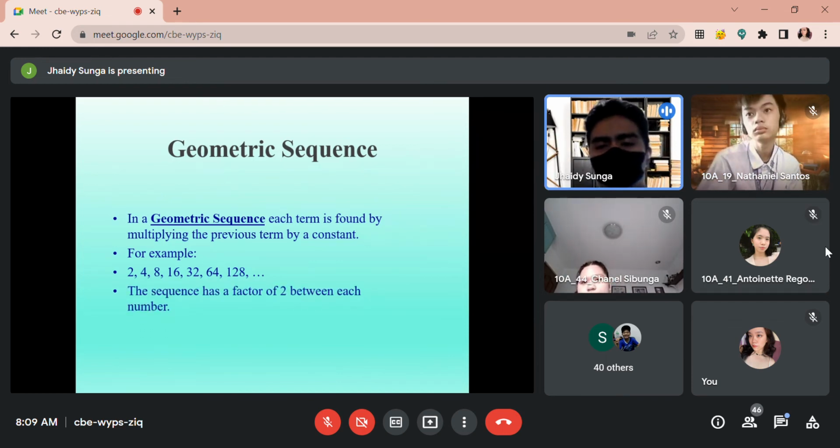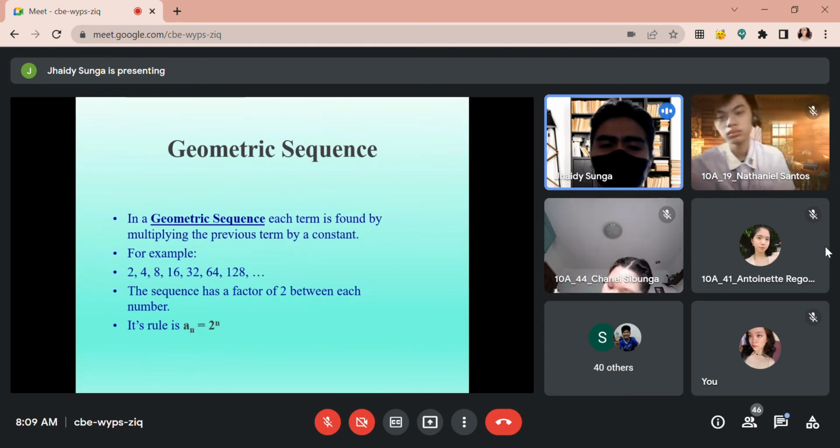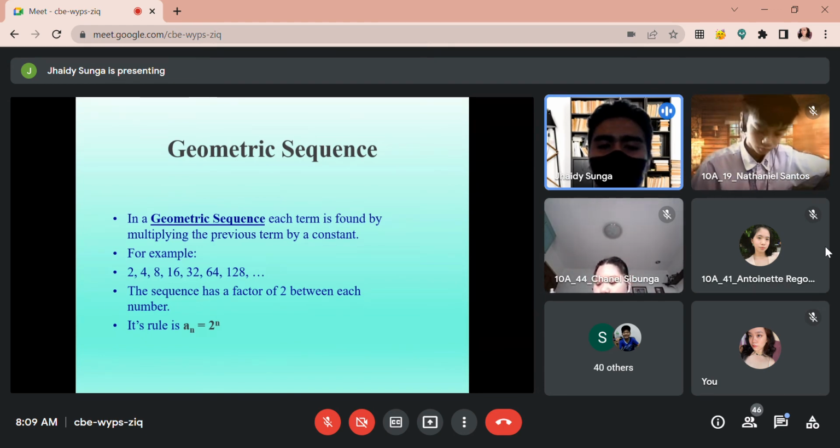It was multiplied by 2. Okay? So like the general term in arithmetic sequence, we have the rule as well for geometric sequence. I am hoping that you are writing all the formulas that we have, and once we have the activities, you will be able to answer them already.